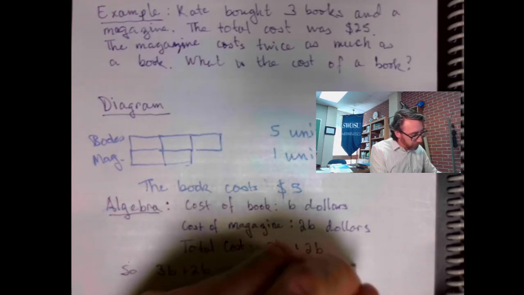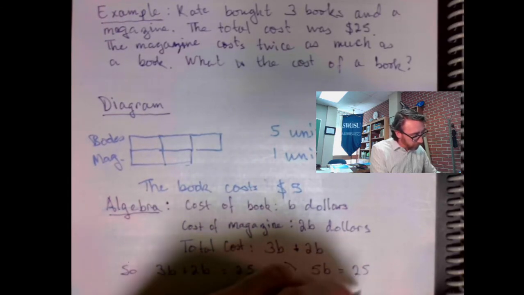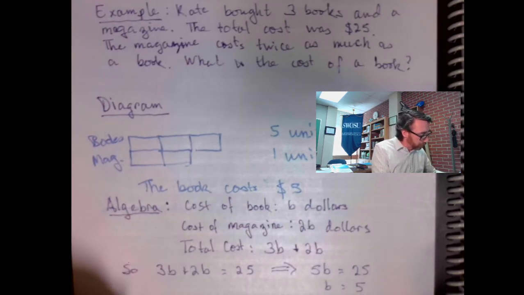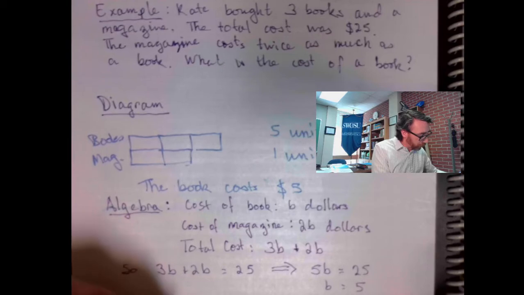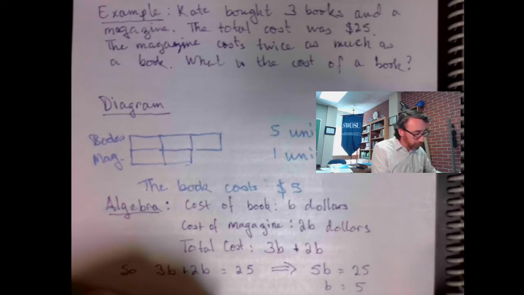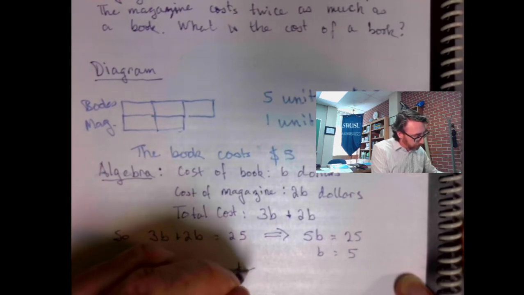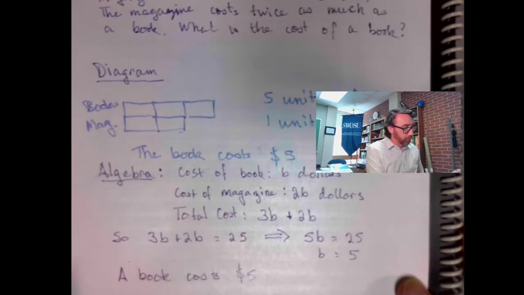So 5B equals 25. B equals 5, dividing both sides. Either way, we arrive at the conclusion that a book costs $5.